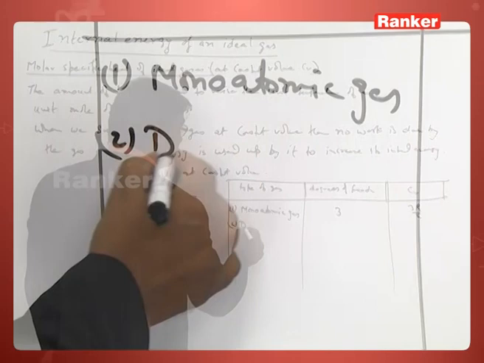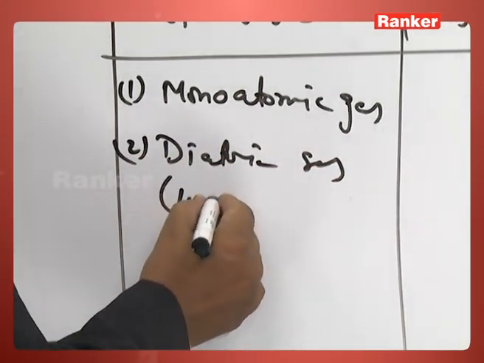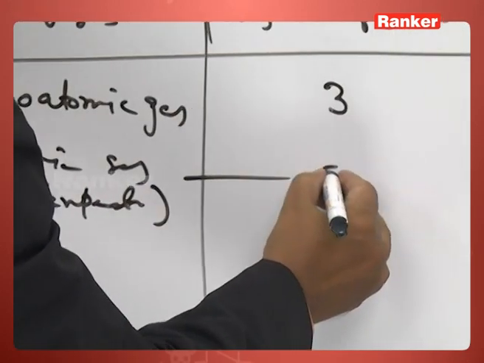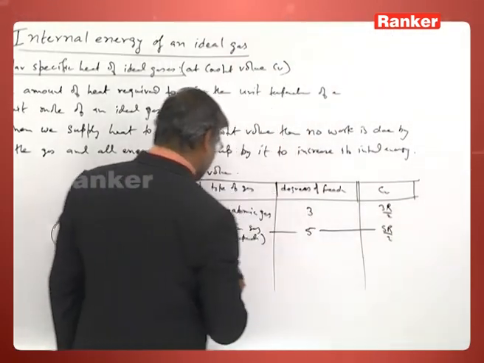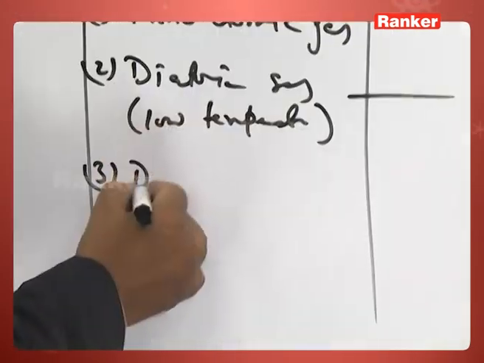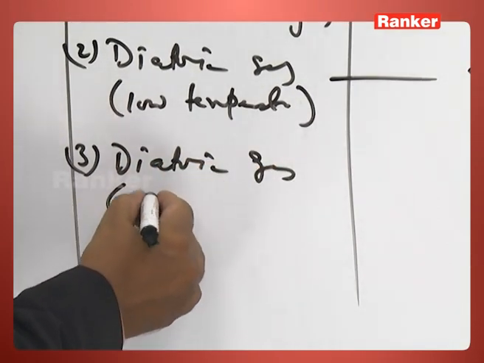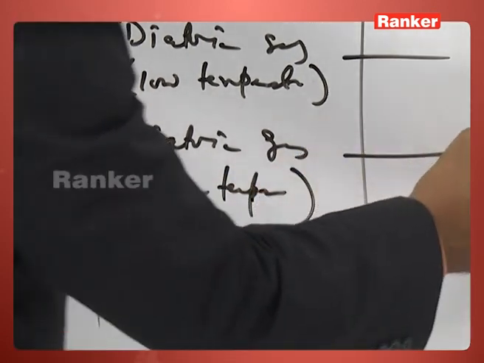Then the second one, diatomic gas at low temperature, that means no vibration. So, it has degrees of freedom 5. So, 5R by 2 will be its specific heat. Third, diatomic gas again at higher temperature, where we can take the vibration into account.